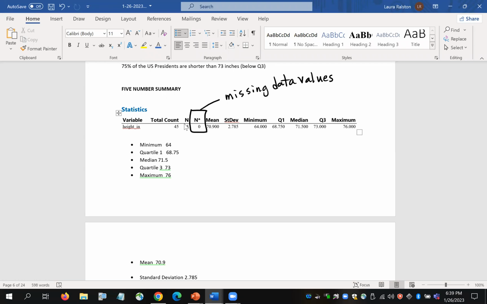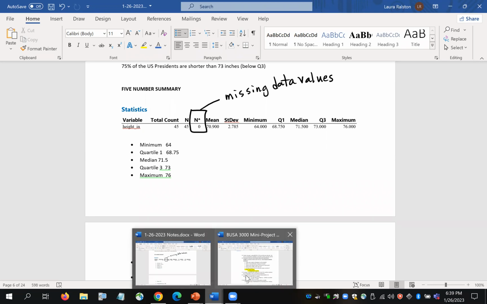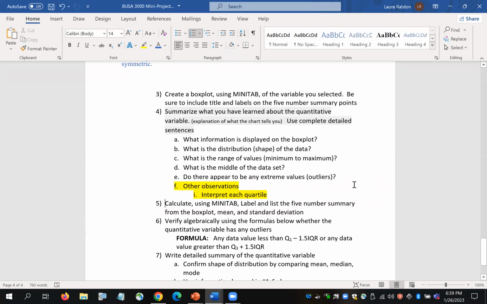Again, you cannot simply copy the results and paste them. You need to write them out in sentence form, make a table or a chart like I've done here. I need to know that you can read those results.